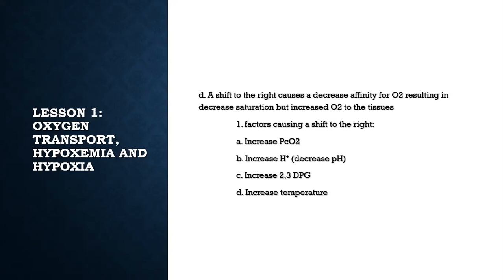Okay? So the curve, like I said, I'm going to show you a picture of the curve. It's sigmoidal, kind of like an S shape. It can either be normal, it can shift to the right or it can shift to the left. When it shifts to the right, that causes a decreased love for oxygen. The reason why it shifts to the right is because CO2 came around. Because remember, we're talking about the hemoglobin's love.